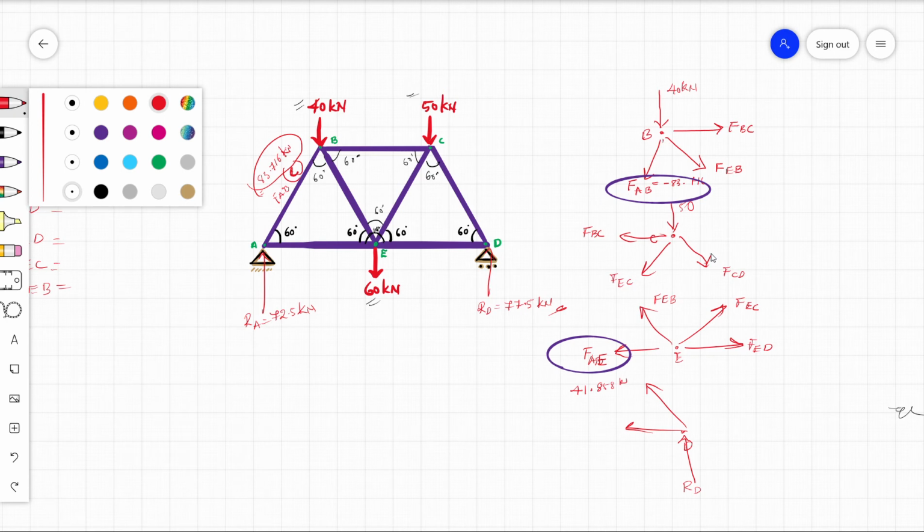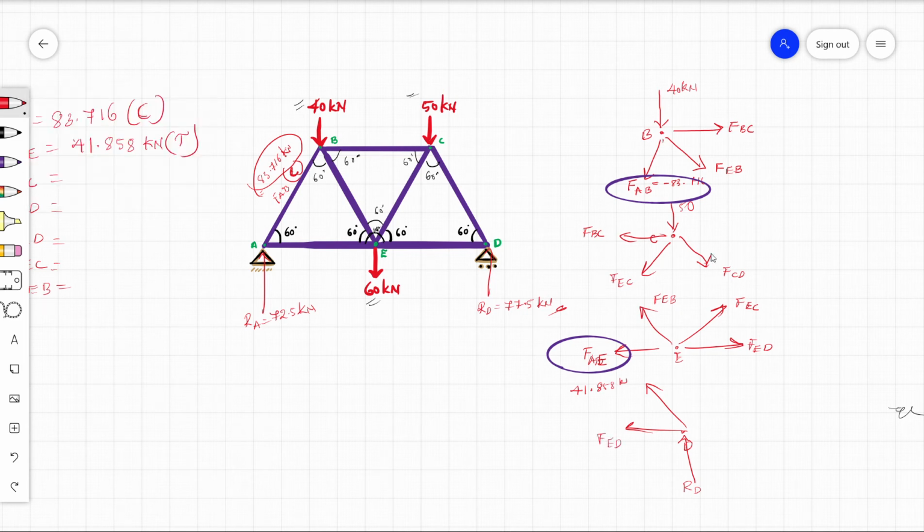That means more data, fewer unknowns. That one we solve first, and with the help of the data we got, we solve the others. This is the method we prefer. Over here, do we know what FED is? We don't know. Do we know the force at point D? We don't know FCD.